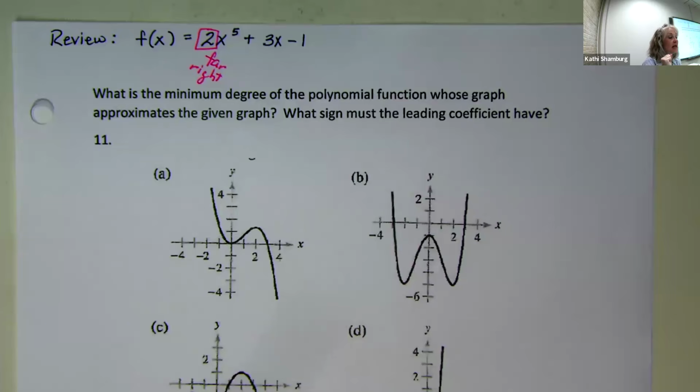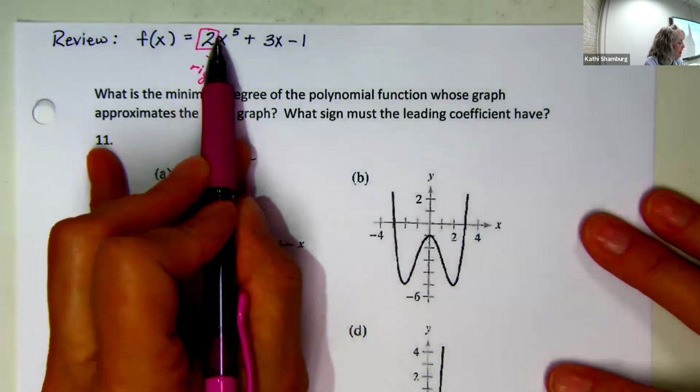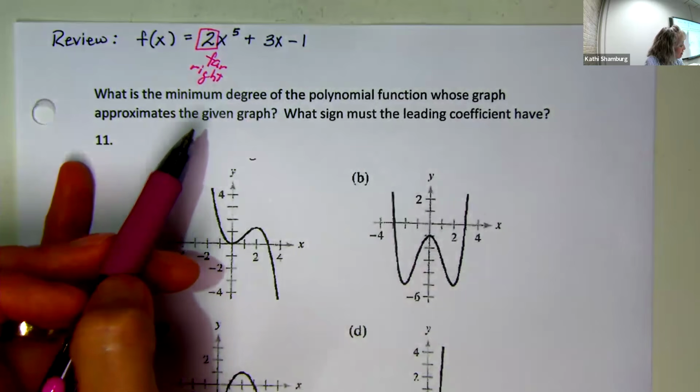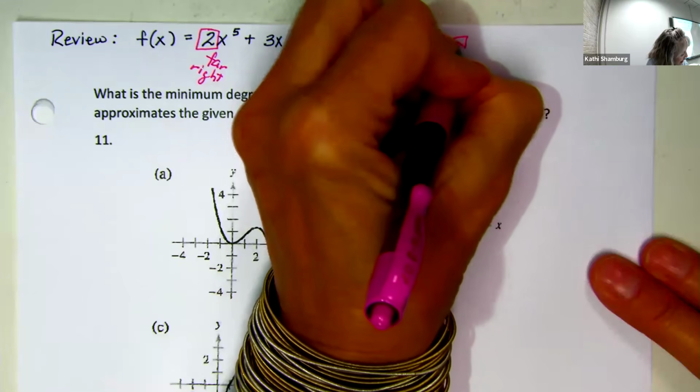It's the largest exponent. I'm not asking you to do anything with it other than recognize. All right. So my far right behavior, what am I looking for to determine if my far right is up or down? The sign. This is a positive 2, so the far right is up.